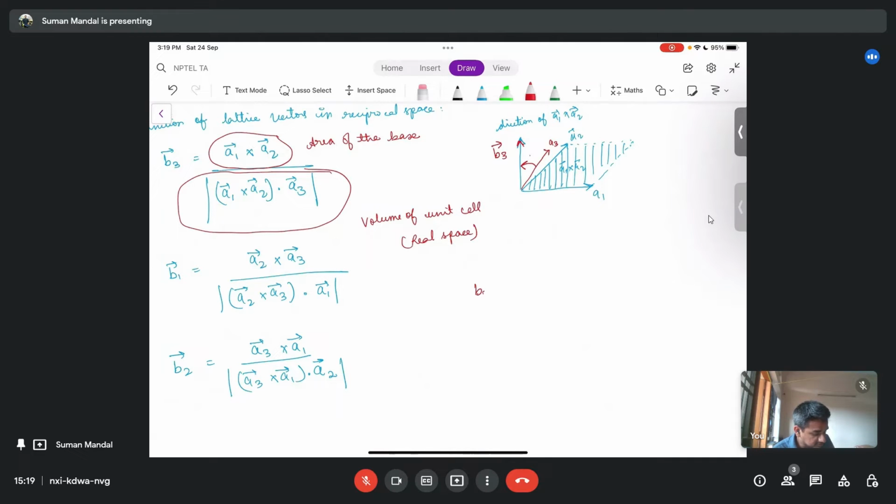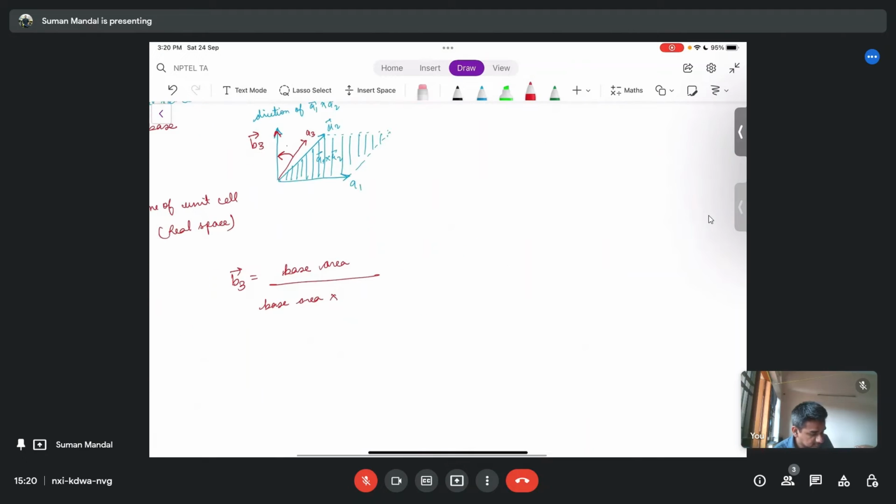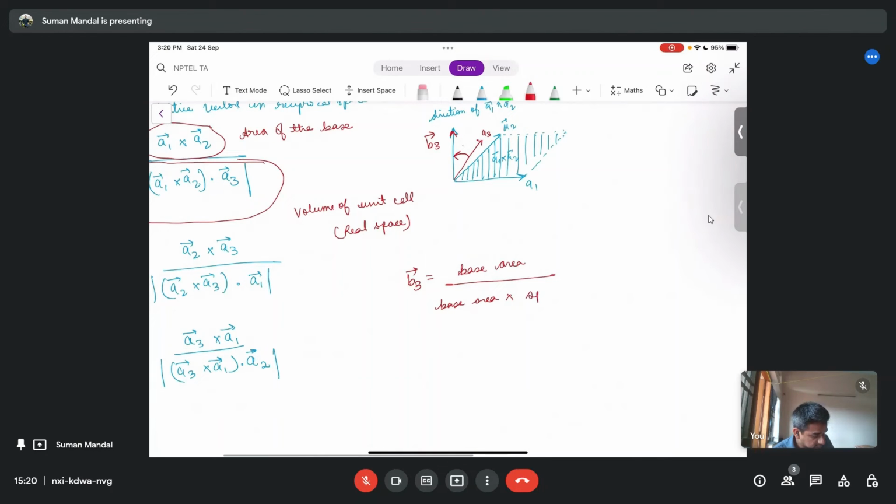So basically b3 is the base area into the perpendicular distance, sorry, the spacing between adjacent planes.